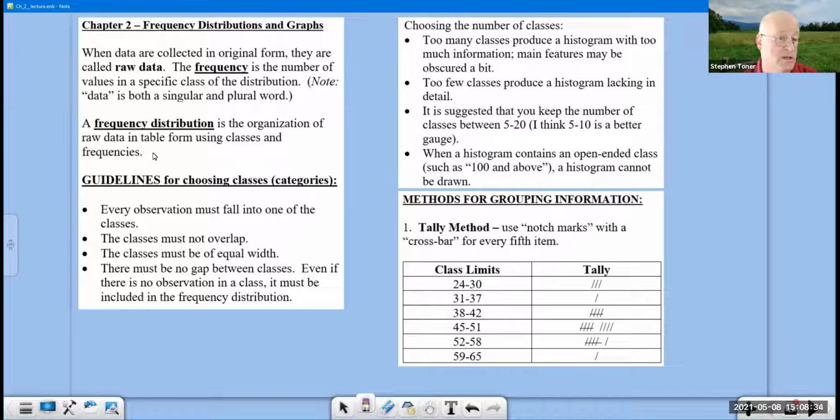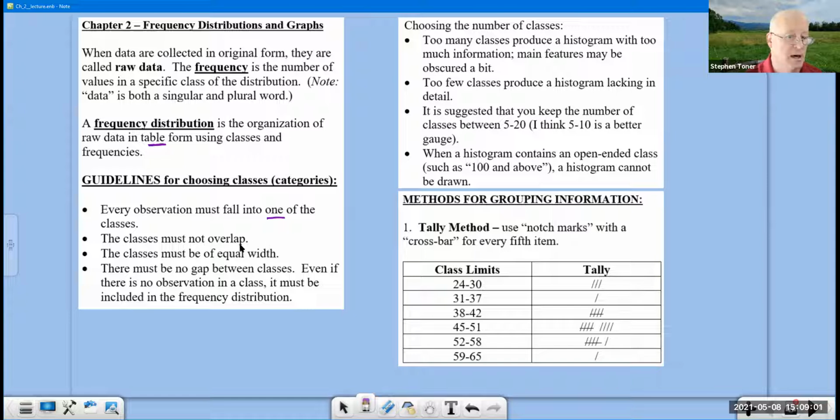Now, a frequency distribution is the organization of raw data in a table form using classes and frequencies, as you can start to see down below here and on the next pages. Now, there are some guidelines for choosing classes, and I've got some classes down here for a made-up data set. Every observation or data value that we gather must fall into one of the classes.